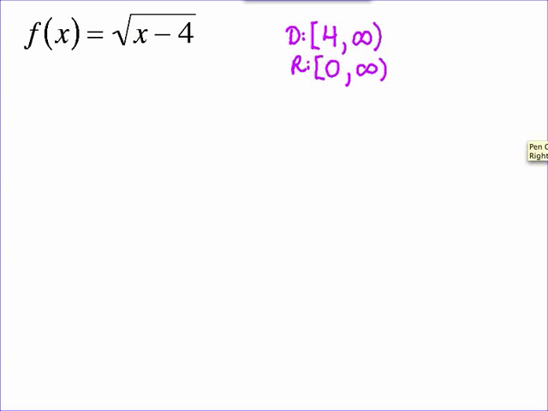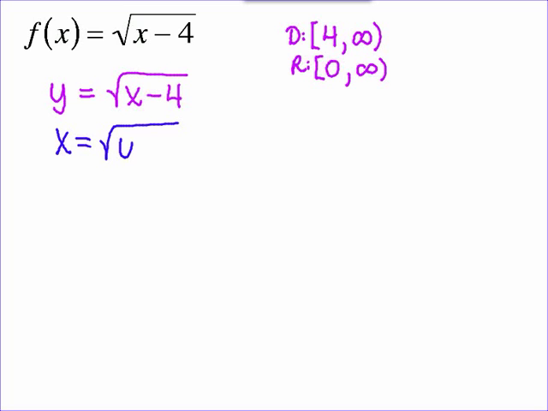Very first step, y equals square root of x minus 4. Everybody should be able to do that. What do you do next? Yep, switch them. Good. x equals square root of y minus 4. What do I do now? You get y by itself.